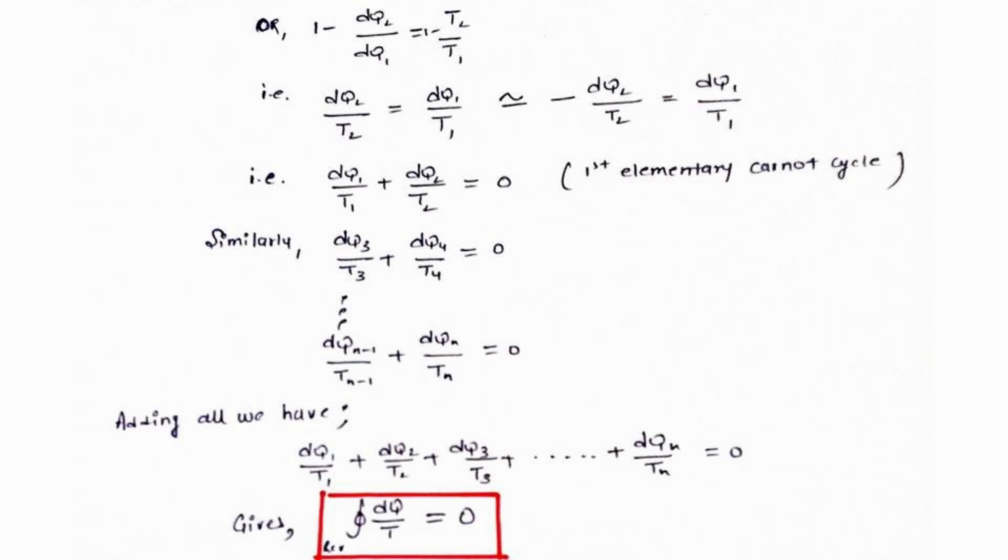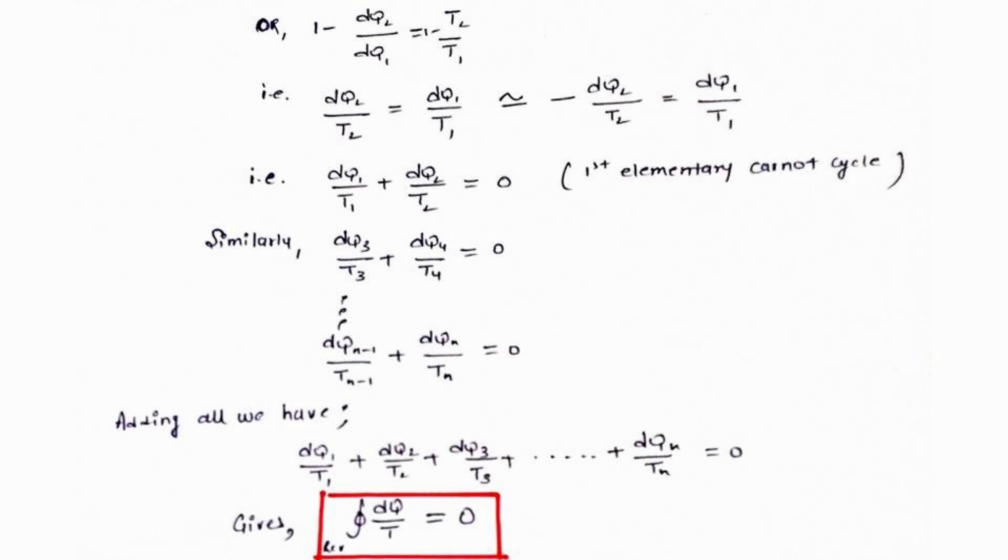Similarly there would be n numbers of elementary strips, that means dQ3 by T3 plus dQ4 by T4 is equal to 0, and dQ4 by T4 plus dQ5 by T5 is equal to 0, and so on up to dQn minus 1 by Tn minus 1 plus dQn by Tn is equal to 0.